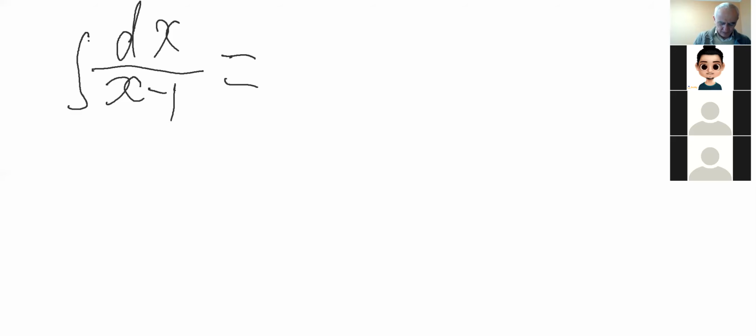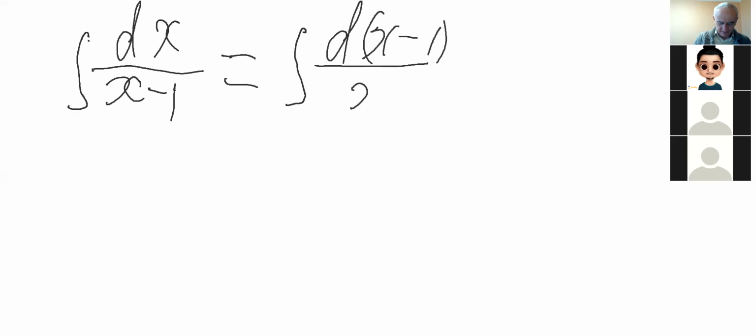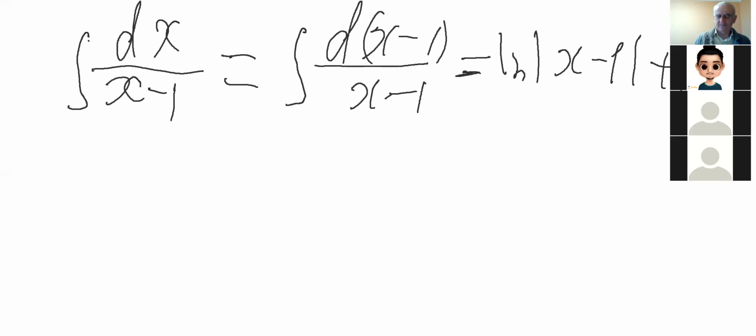I will follow you now. I think it's ln of x minus 1, plus c. It's going to be ln of the absolute value of x minus 1, plus c.